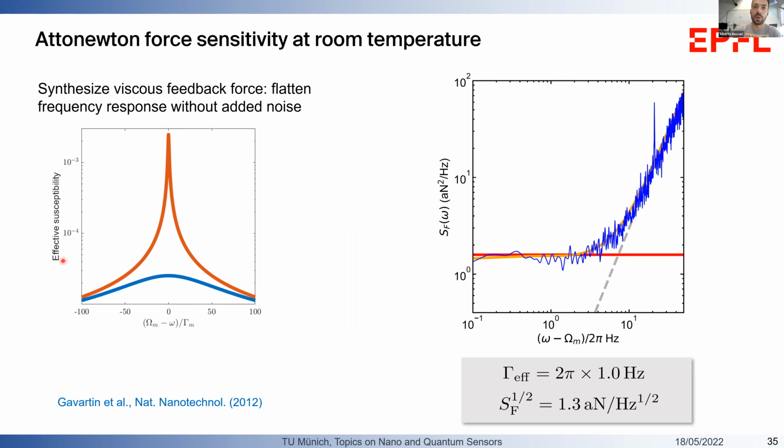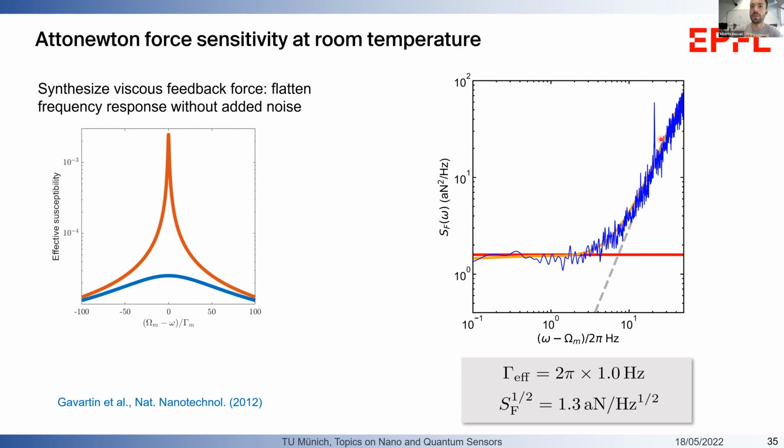And correspondingly, we could record some force sensitivity traces. Within the effective bandwidth of the mechanical oscillator, the force sensitivity that we recorded is around 1.3 attonewtons in a bandwidth of 1 hertz for the measurement, which corresponds to the prediction of the fluctuation dissipation theorem.